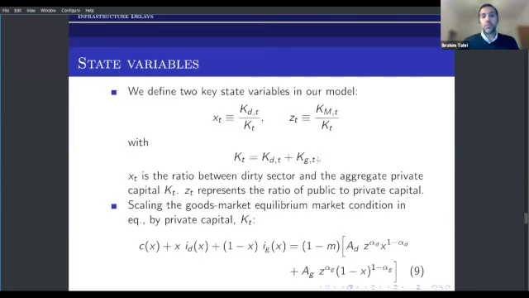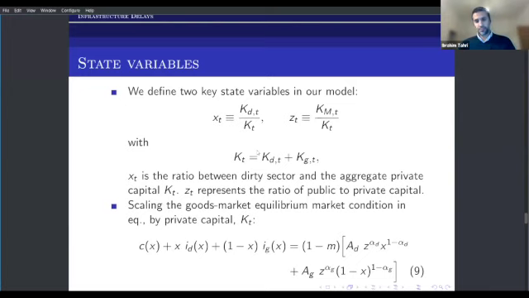There is just one remark here: we assume that the two sectors' capital are perfect substitutes. But it's also possible to generalize the model to imperfect substitutes, which can only be done numerically.